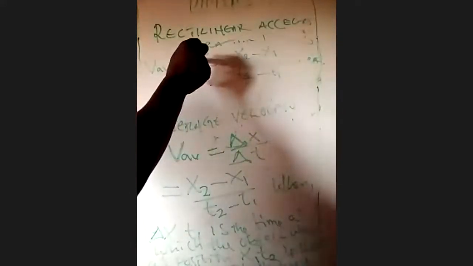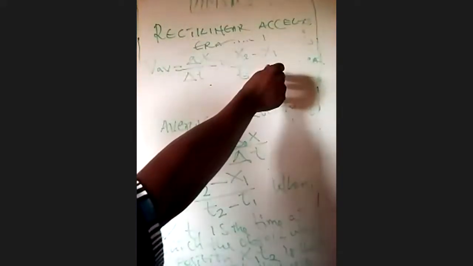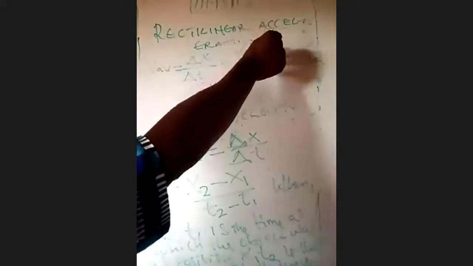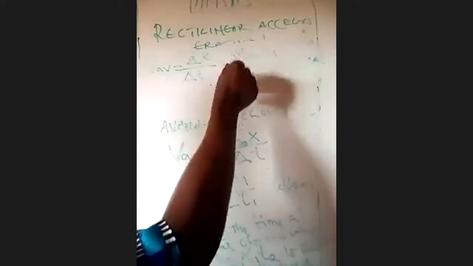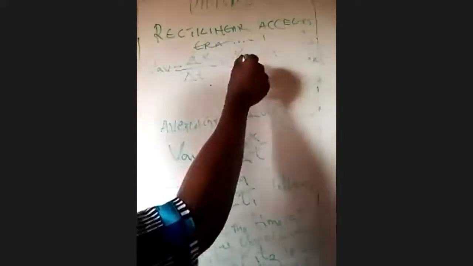Now, what I'm trying to explain here is the displacement and the time T1. This is the time at which the object was at the position S1 and T2. When it moves like this, it will be in the position of this and this.